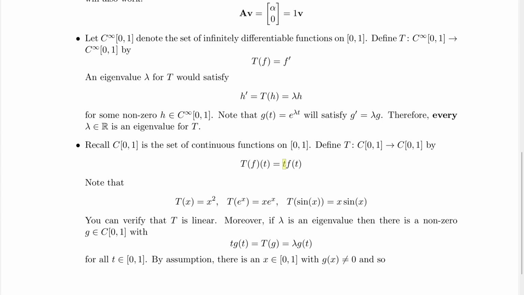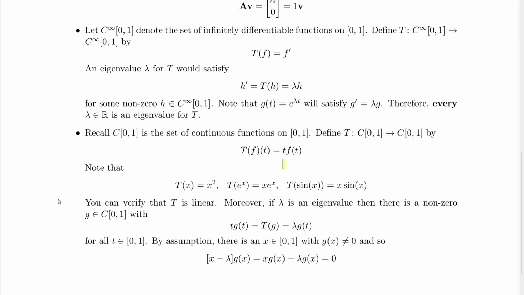And now if I plug that into my equation up there, and activate the math lizard brain, and subtract it over, right, we know there's an x where g of x is non-zero. All right, well, you can then factor out your g of x, and since this is non-zero, it's got to be that this quantity right here is 0.